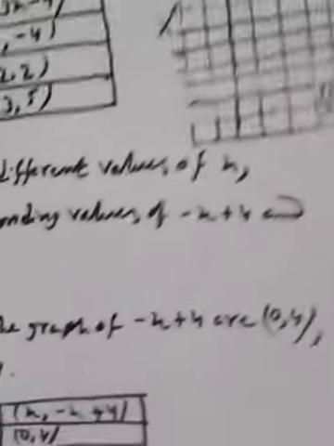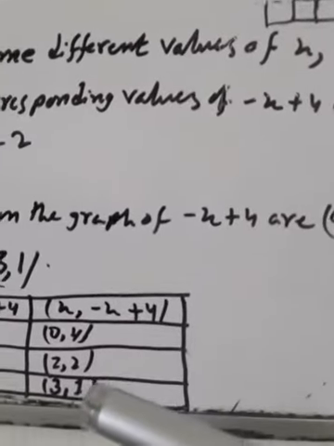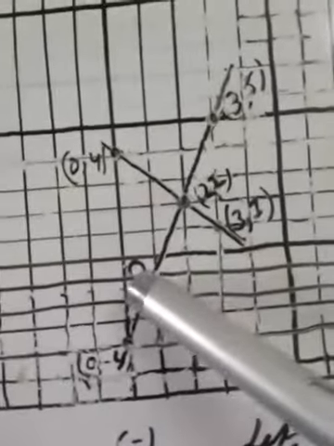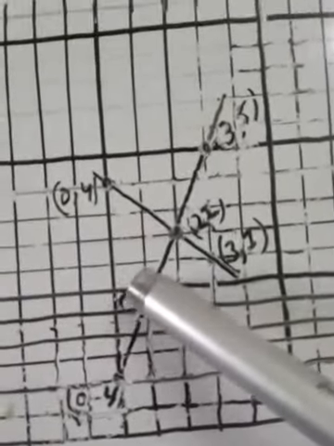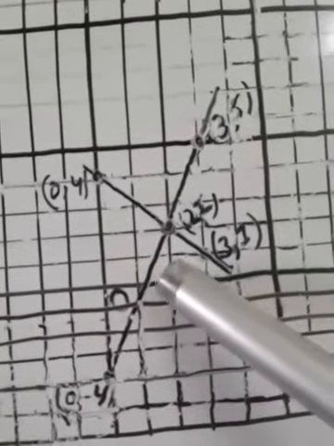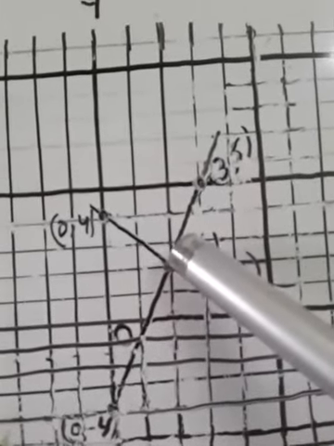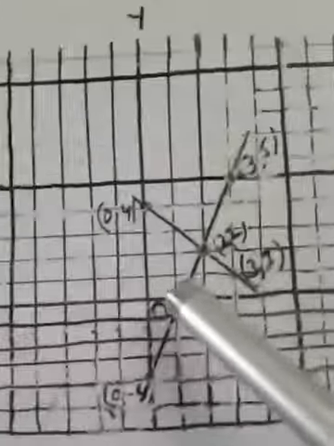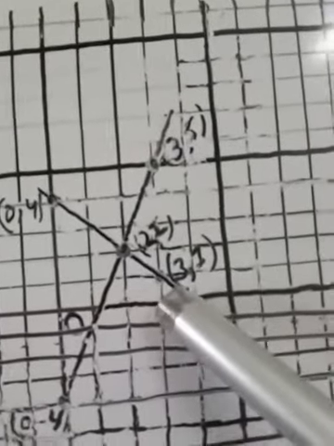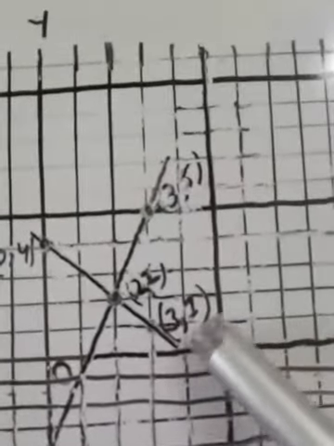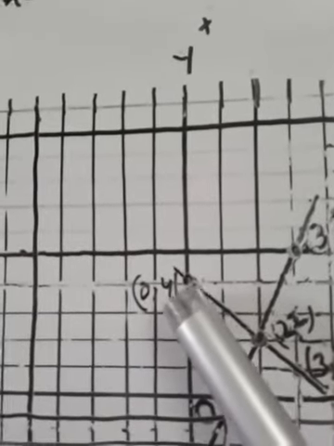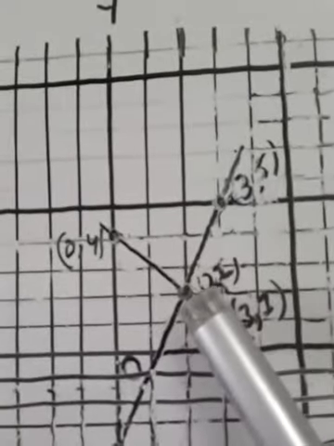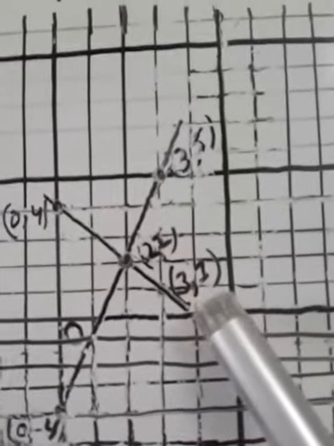Another one (2, 2): 1, 2, this line 0, 1, 2, this is 2. Another one (3, 1): this is 1, 2, 3, this is 1. Now we got 3 points. This point is (0, 4), this is (2, 2) and this is (3, 1).